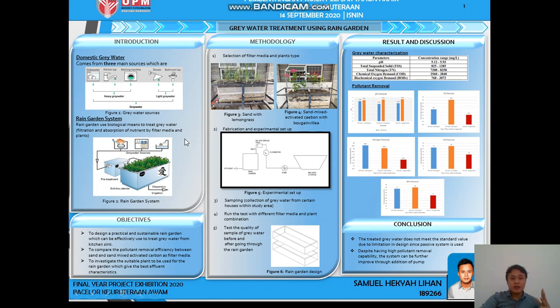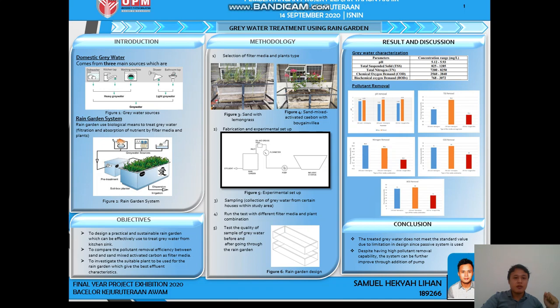In order to carry out this project, detailed methodology need to be designed, and I'm going to brief the methodology has been done in this project. And first of all, the filter media and plants that's going to be used is selected based on the literature review or the various studies done by previous researchers.